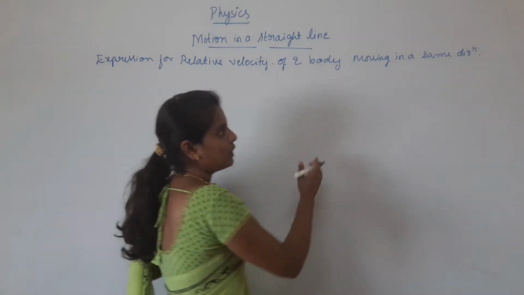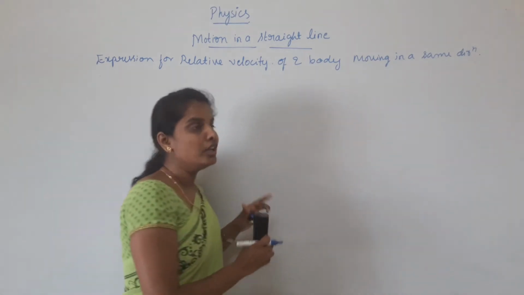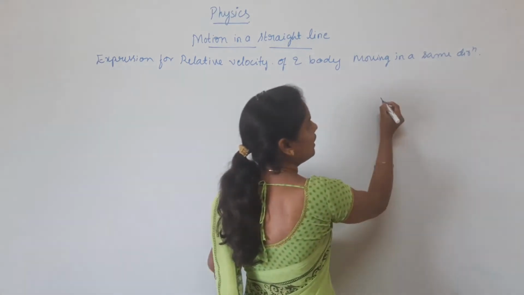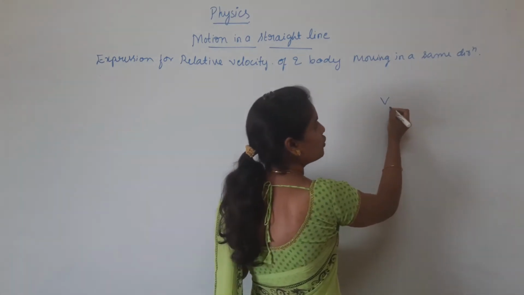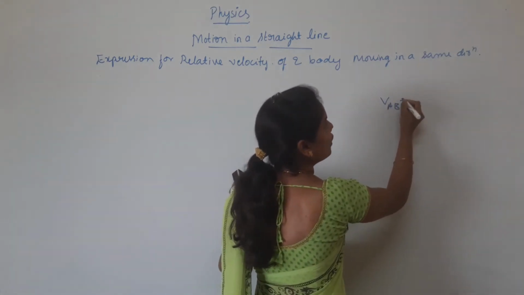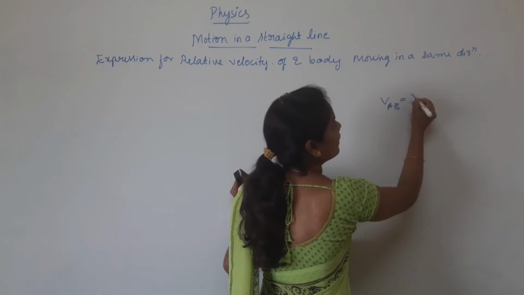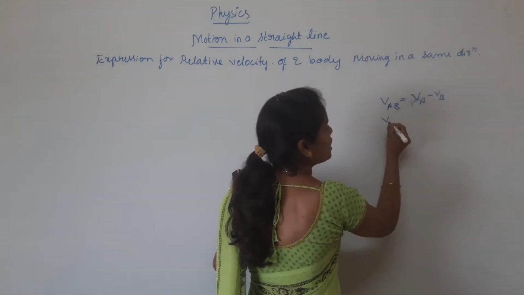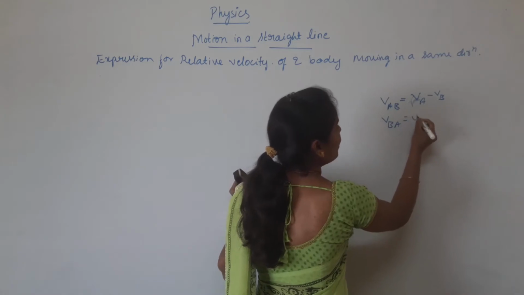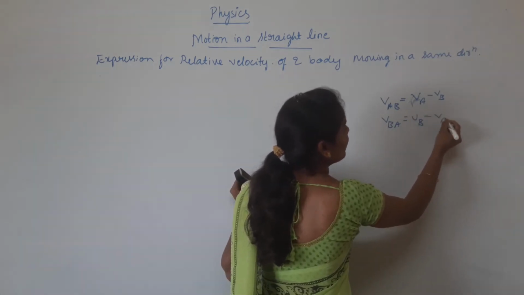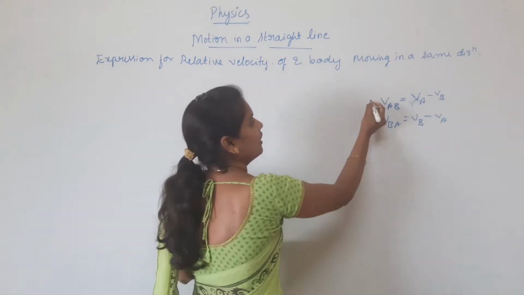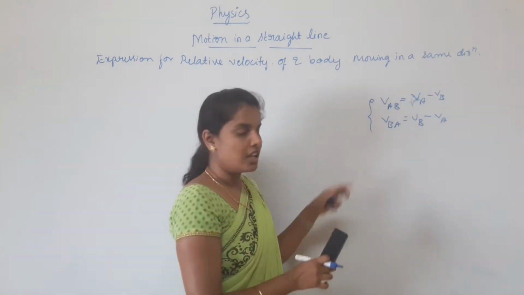What is that formula? We already know that when two bodies move in the same direction, A with respect to B, VAB equals VA minus VB, or B with respect to A is VB minus VA. This is the equation, right? So now let's derive these two equations.